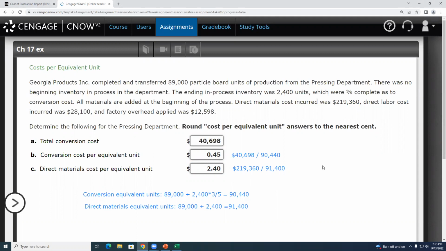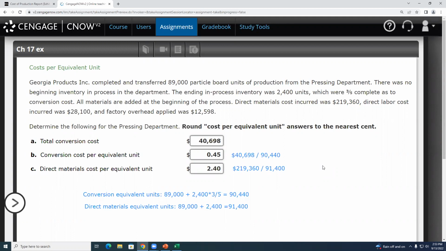We were able to do that just on the screen because it was a simpler exercise with no beginning inventory. But certainly, if you find it beneficial, I would encourage you to use that blank template for any of these exercises, including the homework problem and the exam.